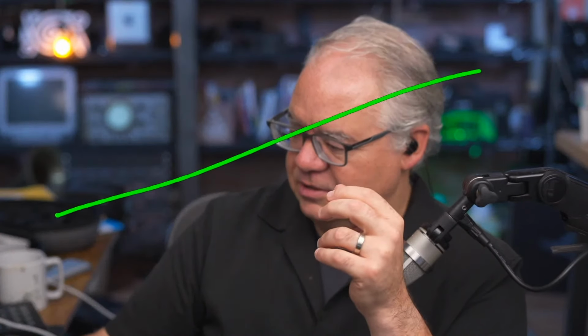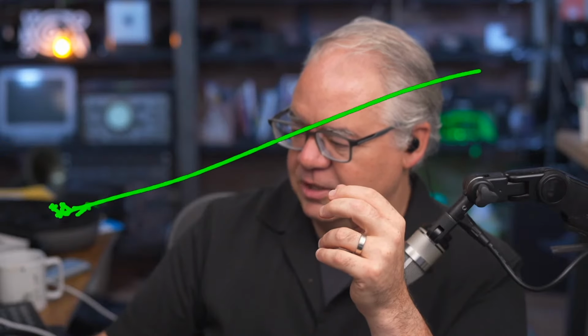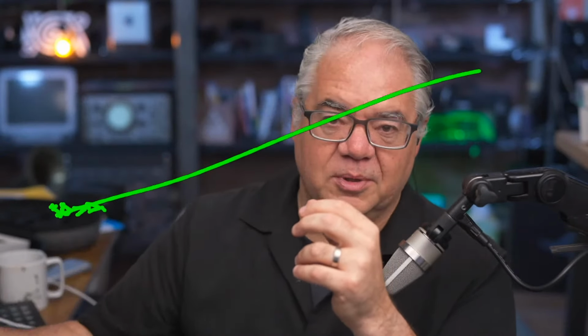Even though it's an infinite resolution 3D object, it has to decide what pixel to render on each one of those. So if you think about a curved line like this, I've got a pixel here, and it's not in this pixel. What that creates is what we call aliasing, because there are no gray levels, it's just on or off.